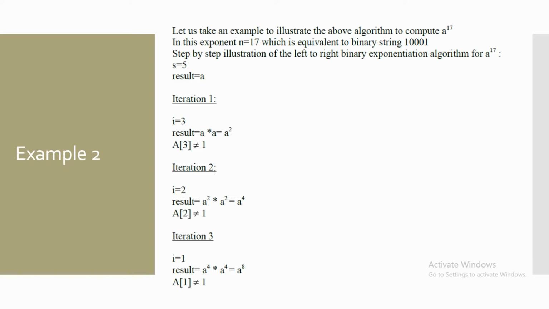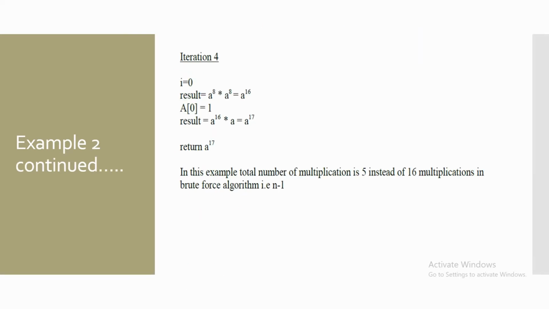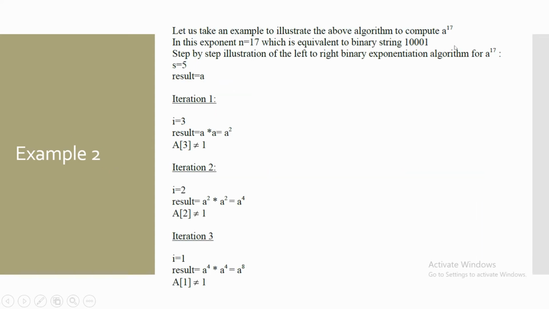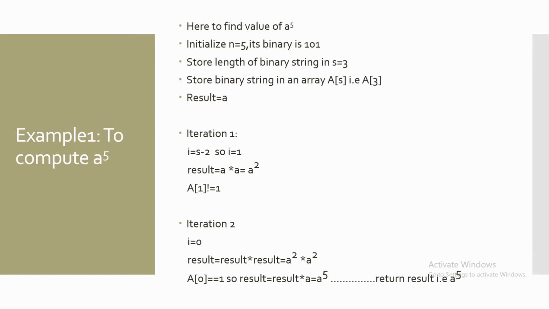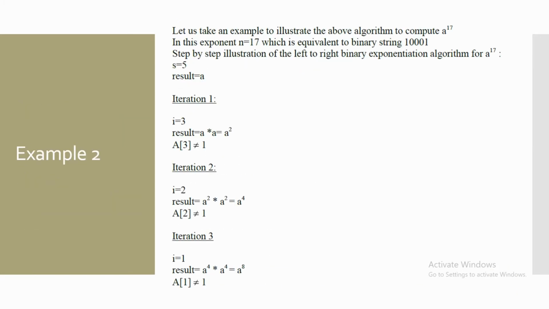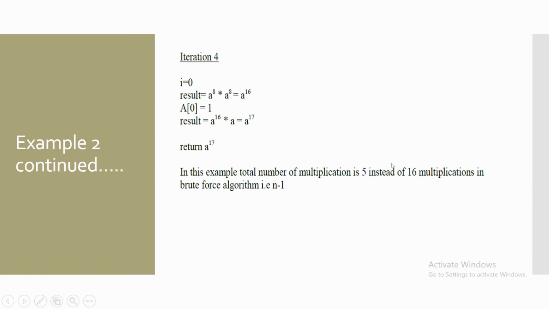If I had done it the first way, it would have been 16 multiplications, because for A raised to power 17, 16 multiplications are needed. But here I am doing 5 multiplications. So I have achieved better efficiency by using the left to right binary exponential method, right?